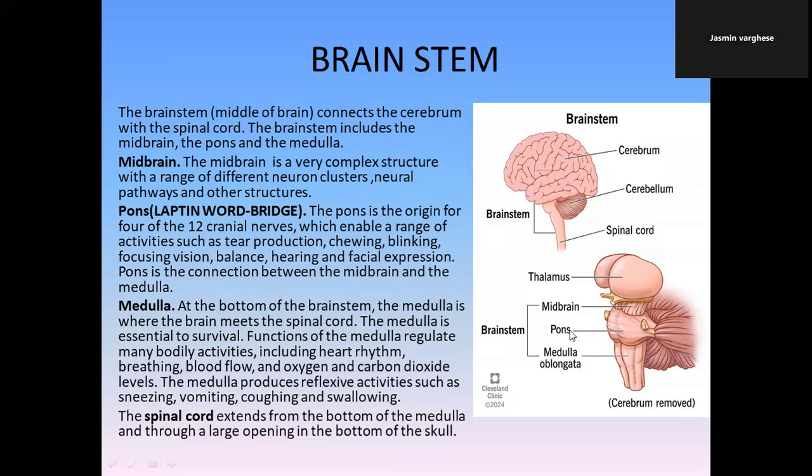Pons is the origin for 4 of the 12 cranial nerves, which enable a range of activities such as tear production, chewing, blinking, focusing vision, balance, hearing, and facial expression. And this pons connects midbrain to medulla oblongata. Then medulla, or medulla oblongata, is the bottom of the brainstem, and this connects the whole brain to the spinal cord.